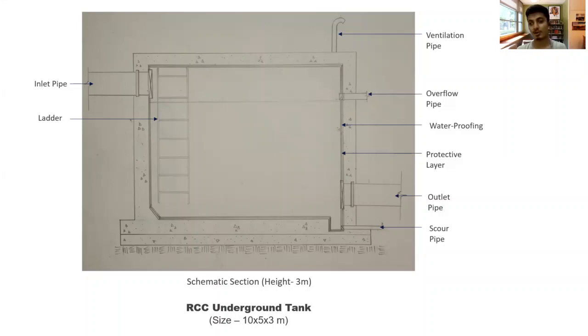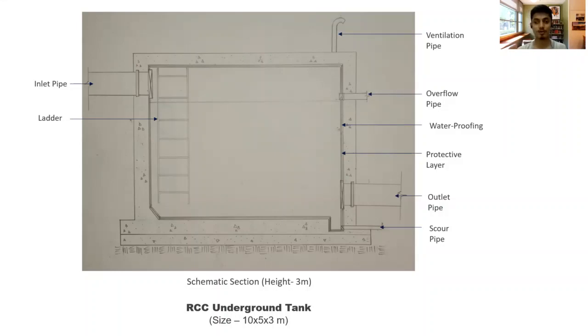And then on the top you can see the ventilation pipe, to prevent the formation of vacuum inside the tank. And then there is an overflow pipe which maintains the maximum level of water inside the tank.